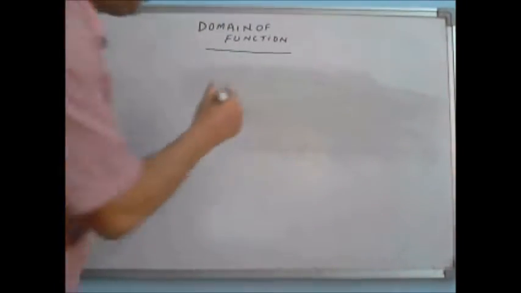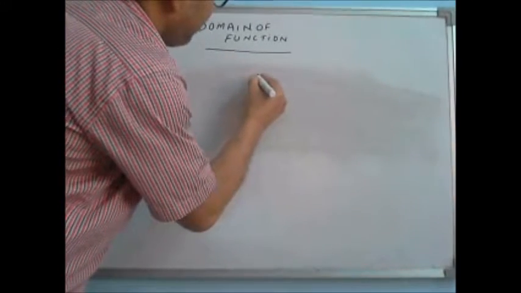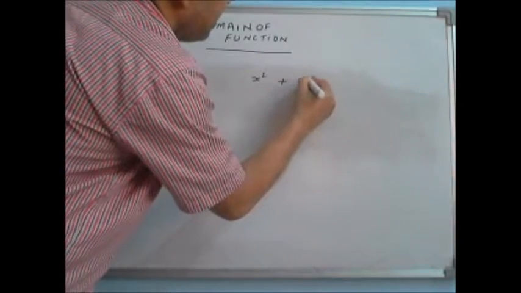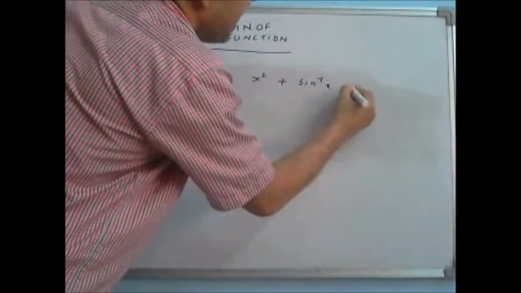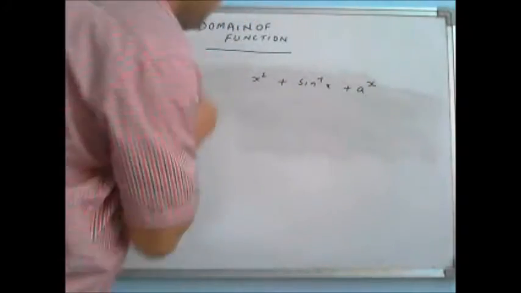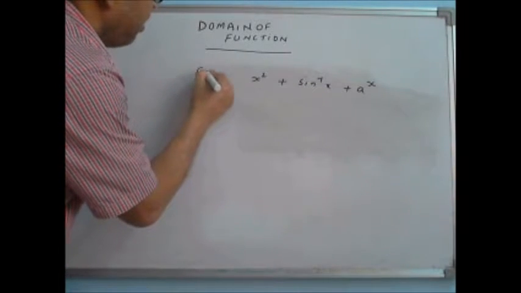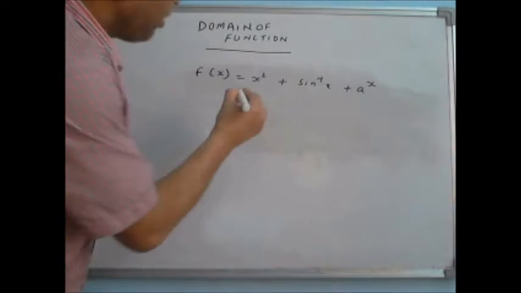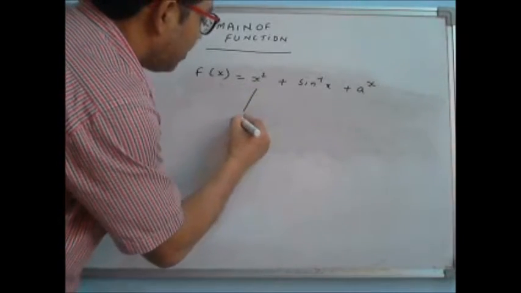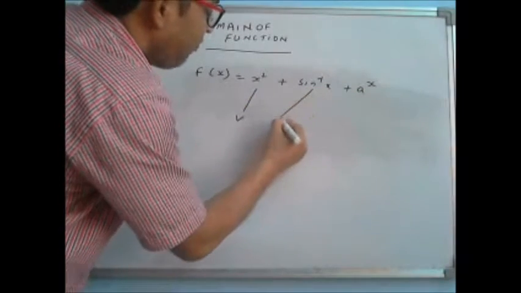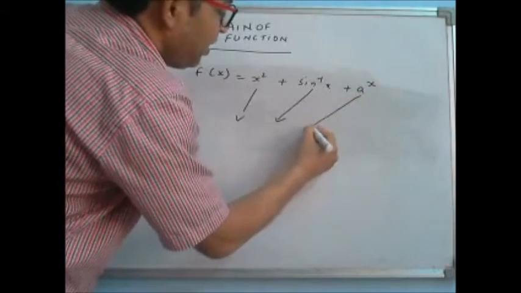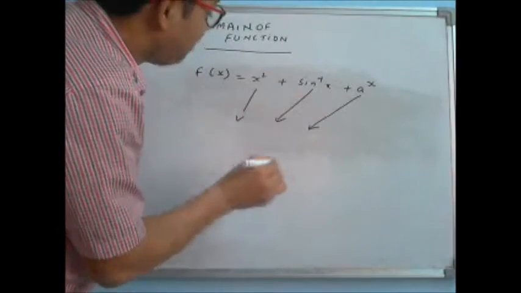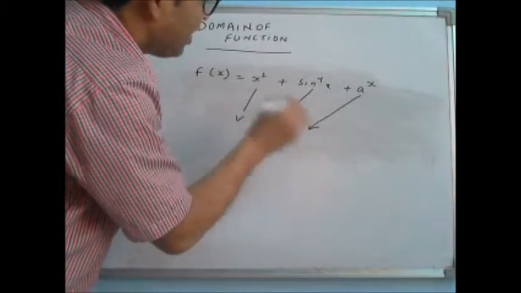Suppose a composite function is there, like x square plus sine inverse x plus a to the power x. For finding the domain of that function, you individually find the domain of the first function, second function, third function. They may be in the form of a product or a division, anyway, so many functions are there.